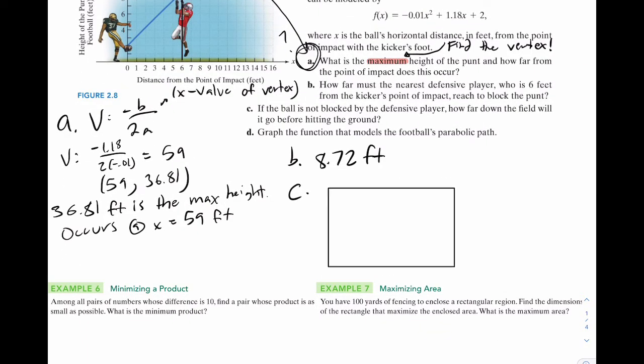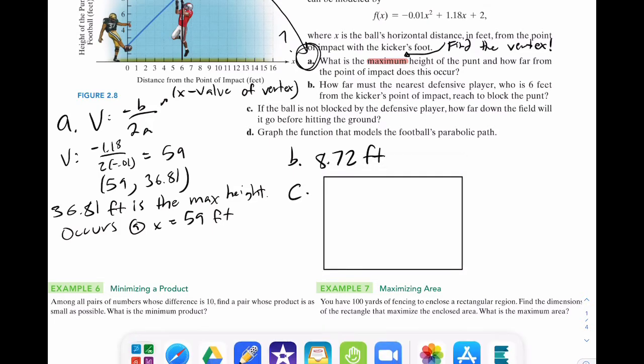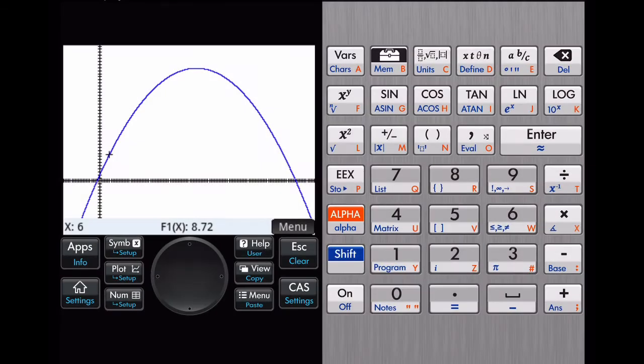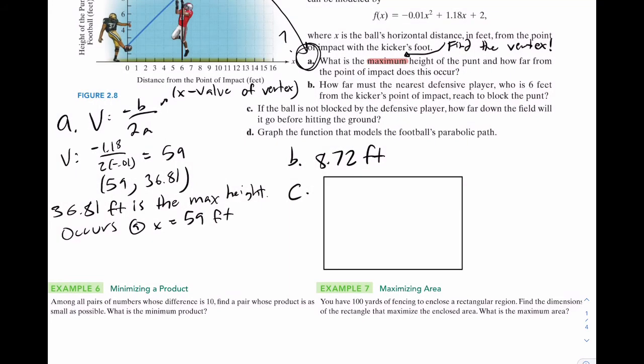For pre-calc, and pretty much all the pre-calc teachers have you do this, we're going to draw a box, and let's just sketch what the picture looks like. So I see that. I'm just going to do a quick sketch of that. Something like this. We're looking for this x-intercept.